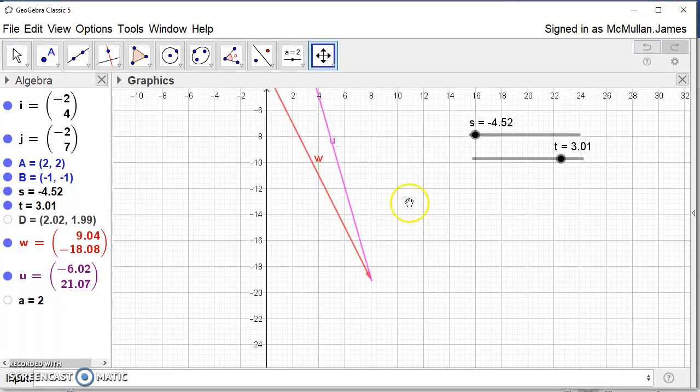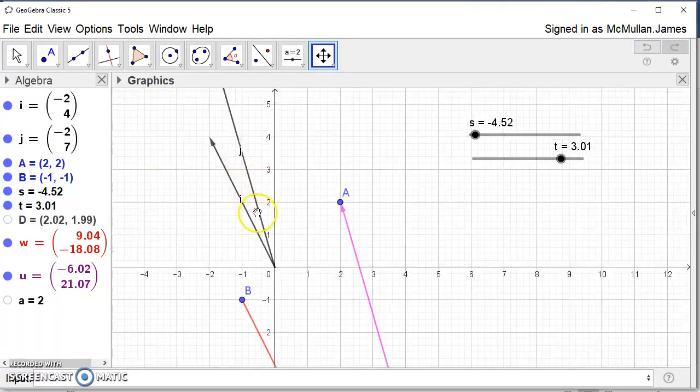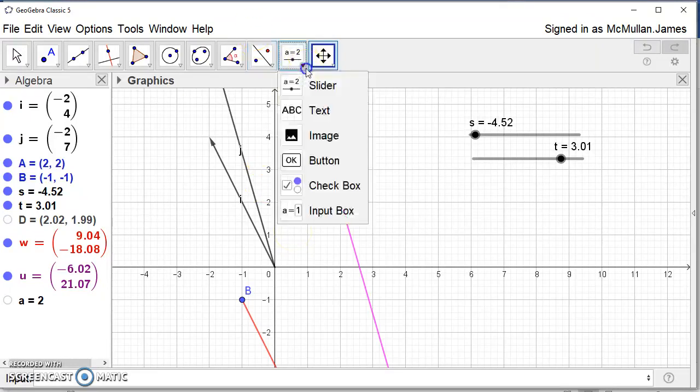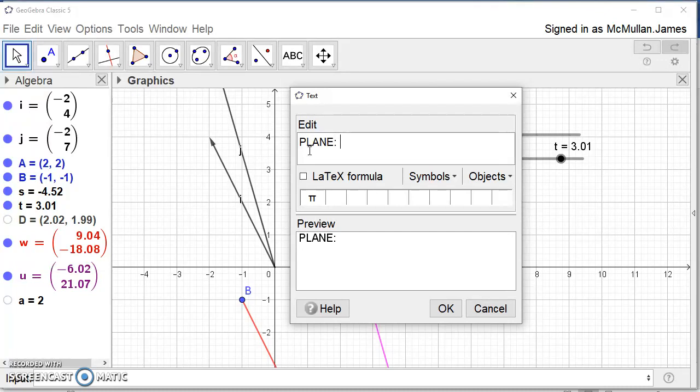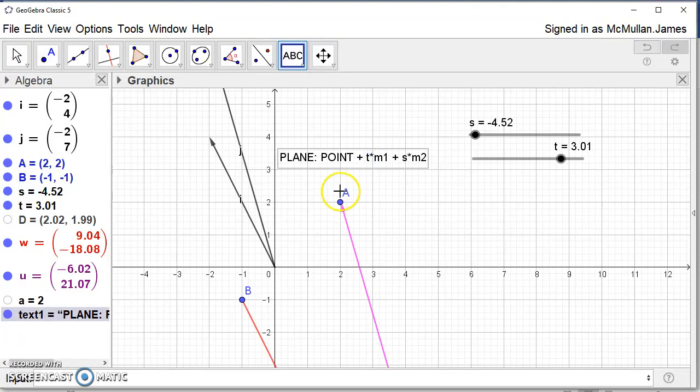Now, of course, you would realize that picking i and j to be perpendicular makes the most sense because it's the easiest way to move around in two dimensions. But the point I'm trying to provide you with here is that the concept of a plane is equal to a point plus t times m1 plus s times m2, and that will get you from any point on the plane to any other point on the plane.